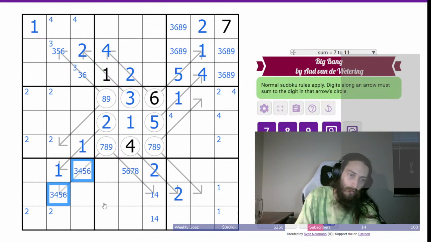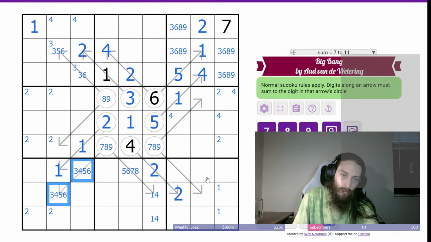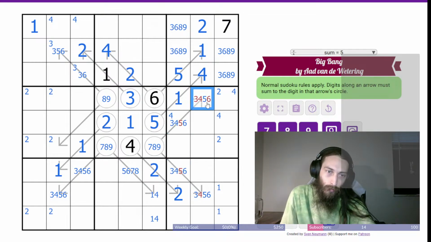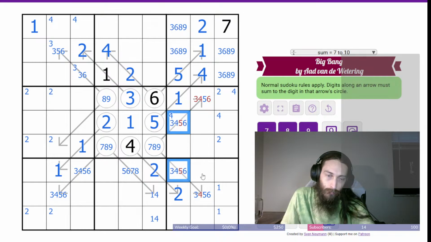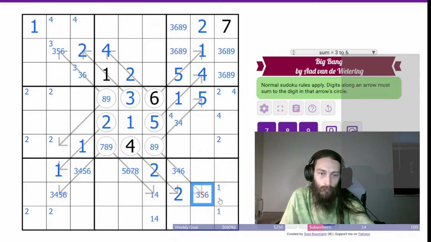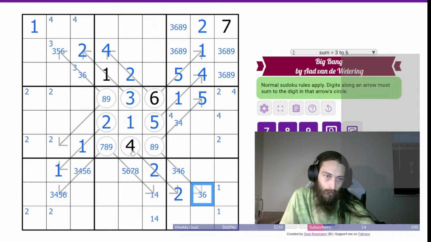So 3, 4, 5, 6. 1 and 2. And those are not 1, 2, 3, 4, 5, 6. But this one cannot be 3, 4, or 6. So that has to be a 5 then. So that can't be a 6. And that can't be 7. Right. Which makes the last circle 7.